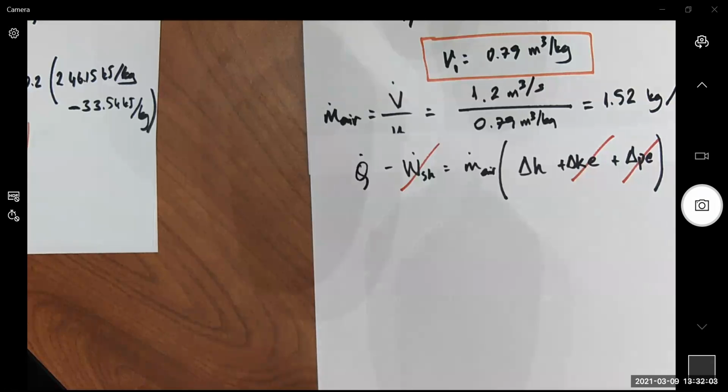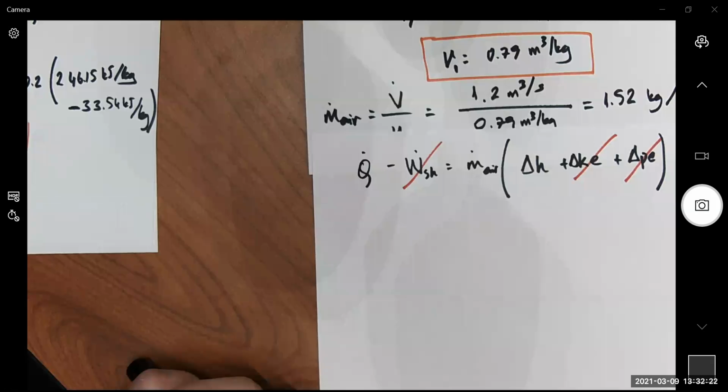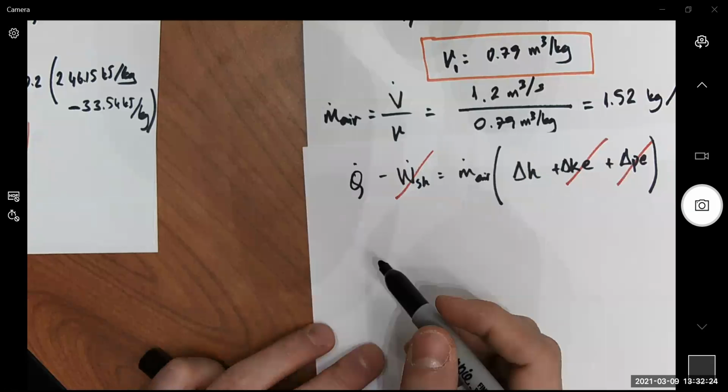Would that mean that the fluid is the same? Okay. It means you can use the constant specific heat model, right? So what is delta H from a constant specific heat model? Cp dT. All right, thank you.